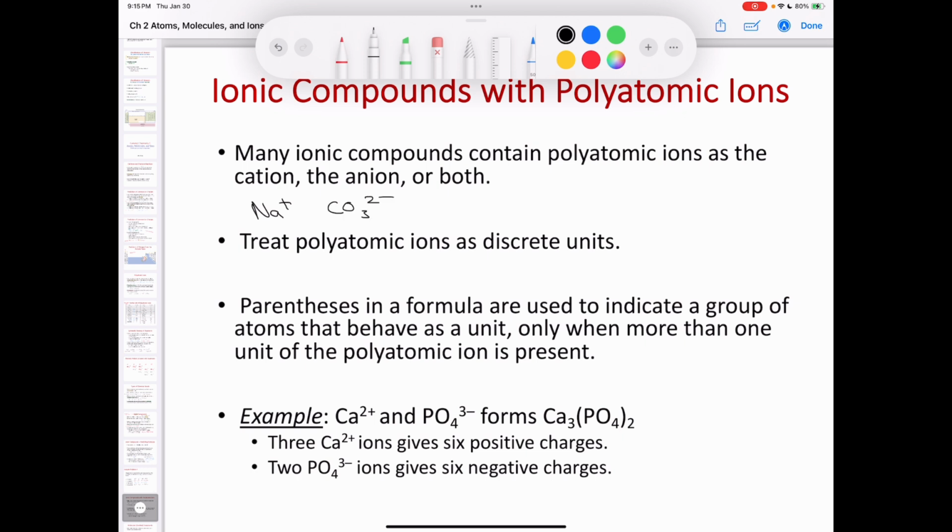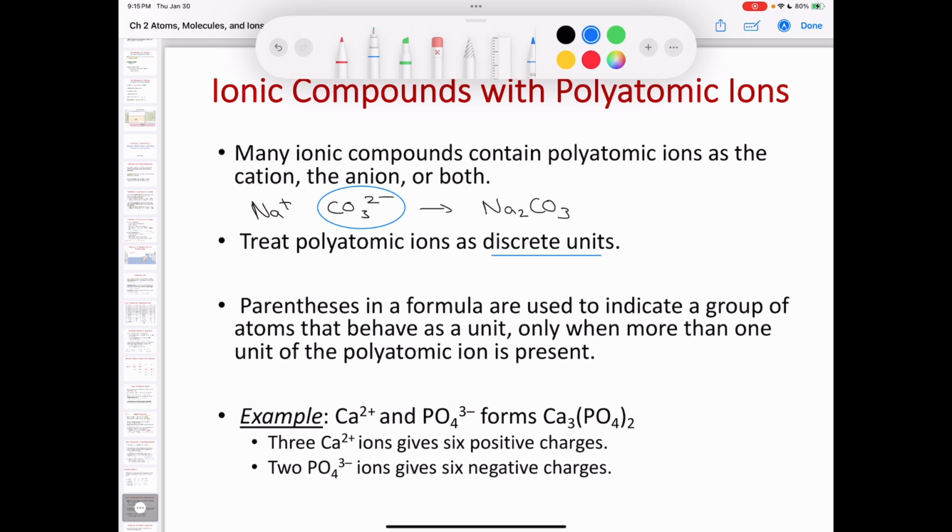Well, you know you need 2 sodiums to cancel out the 2-, and so we would have Na2CO3. But again, the only way you can master this is if you know that this is a carbonate ion. You've got to recognize them, and then you can see that I treated it as a discrete unit. I didn't start messing around with the carbons and the oxygens. I took the whole CO3 2- portion, and I treated it on its own.